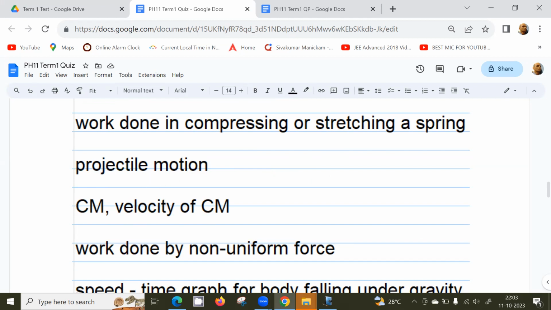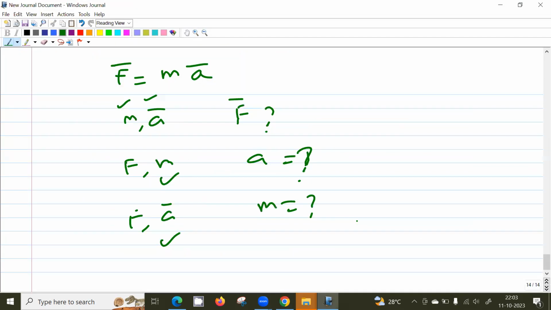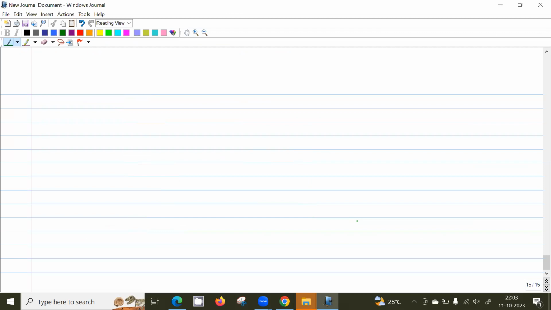Projectile motion. In projectile motion, we basically have the earth, and we project a mass with some initial velocity from the earth's surface itself. It has an initial velocity u, at an angle theta. Since the earth exerts a force on this mass, there is an acceleration, the gravity force, downwards.